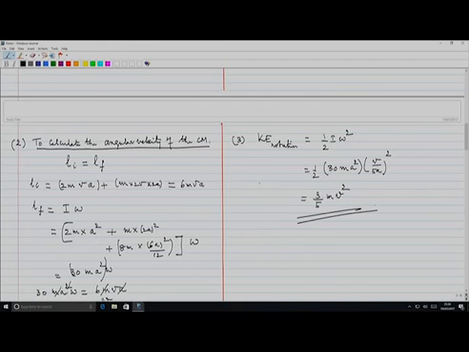Okay, so this is a good problem which requires the conservation of linear momentum and also the conservation of angular momentum.